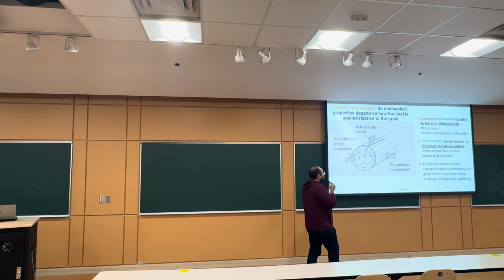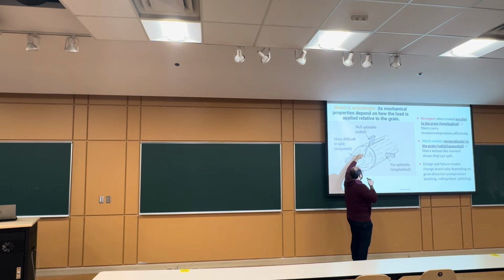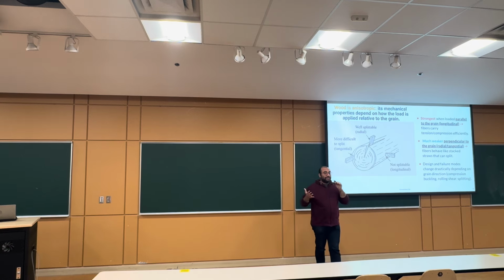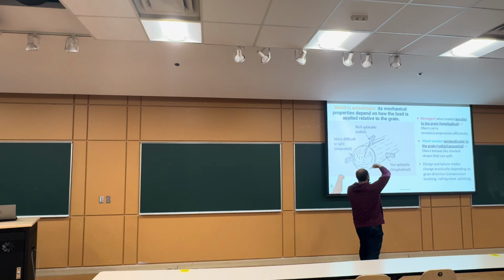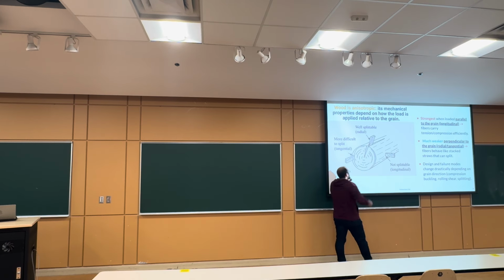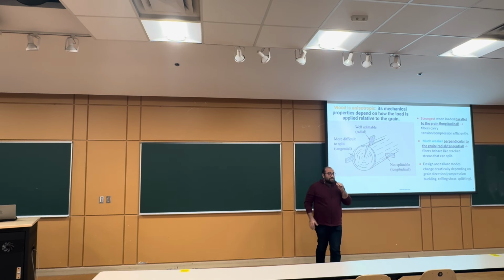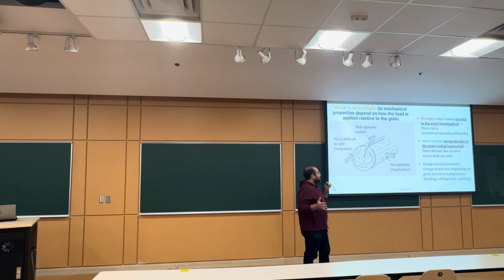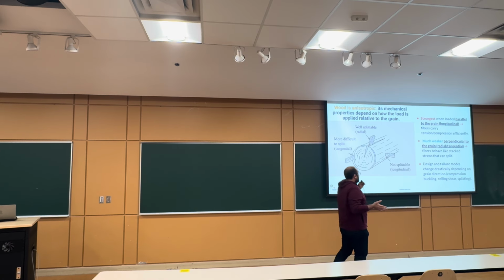But if we are loading from the radial and the tangential directions, we expect splitting failure. Splitting failure means that the whole thing is splitting and there is a crack propagating over the length and the radial direction of the wood itself. So different behaviors, different failure modes that we have to design for using this knowledge.